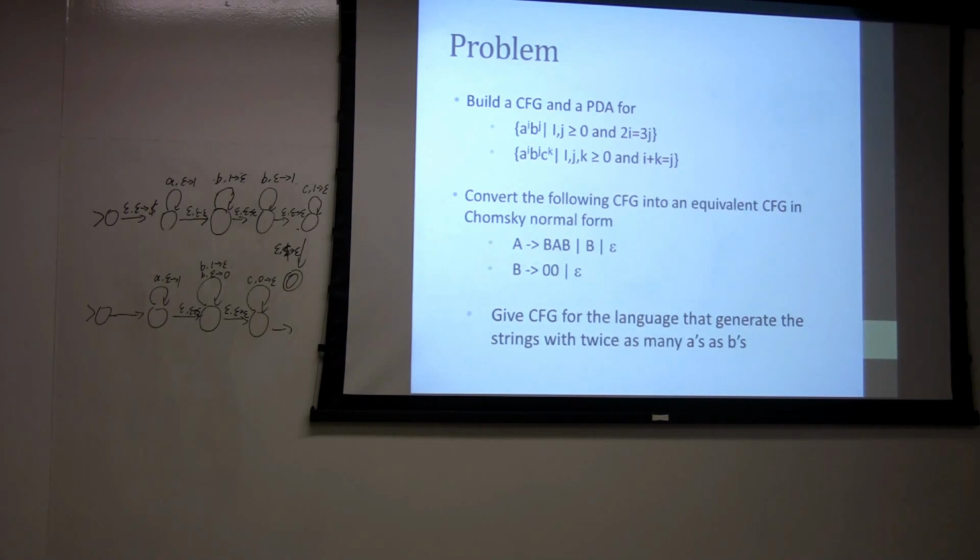Basically, for each generation of B, you have to generate 2 A's. But you have to guarantee that the string can be arbitrary. So the order is arbitrary. So, anywhere now? Yeah, A and B's can be anywhere.